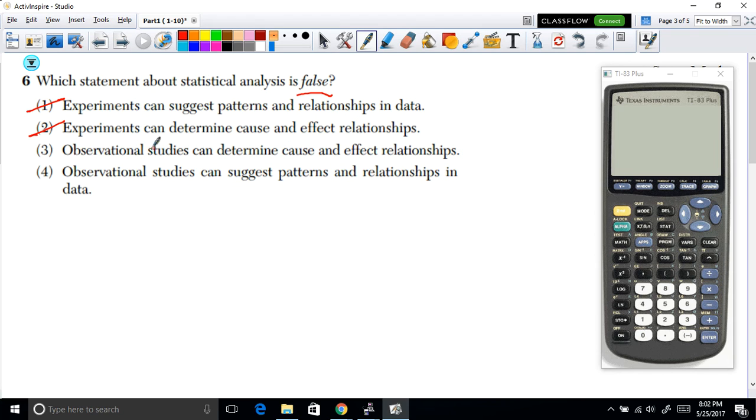Now, what observations do is give us some kind of an idea as to what's going on, but the experiments are the ones that can determine cause and effect, the ones that give us a better understanding of what is a cause and effect. Observations cannot do that. So this is a false statement. And again, observational studies can suggest patterns and relationships in the data. That's actually the purpose of an observation.